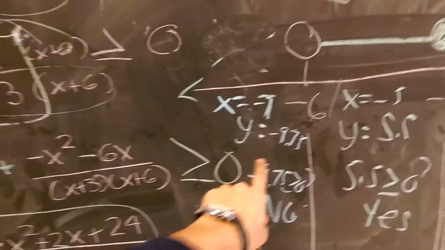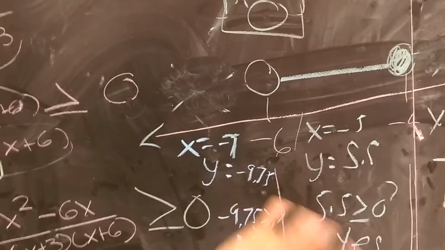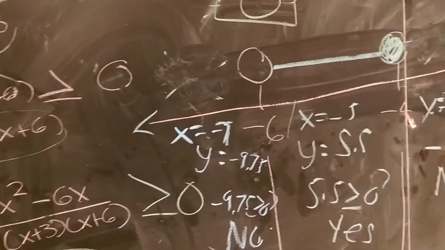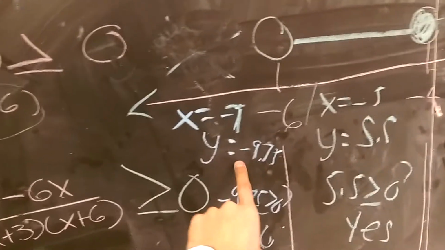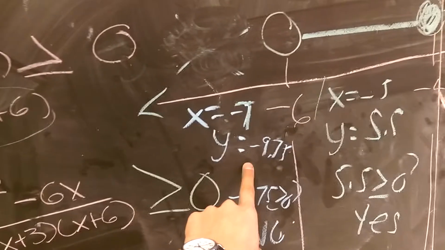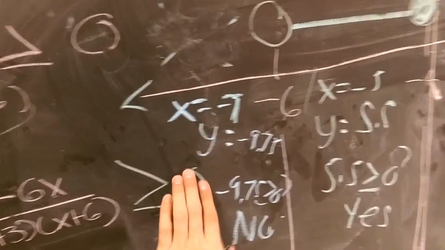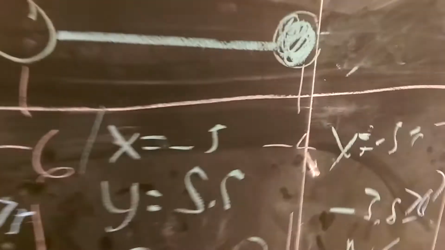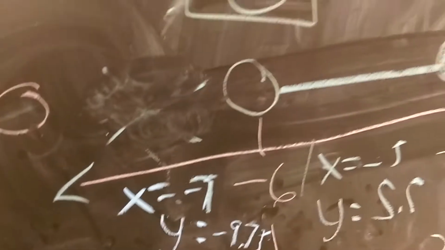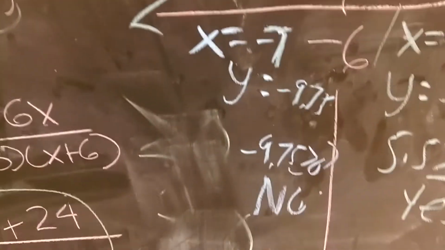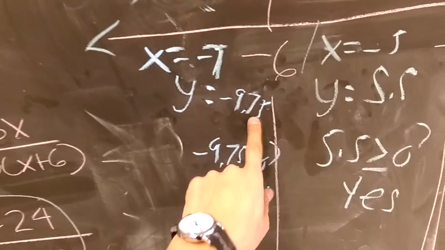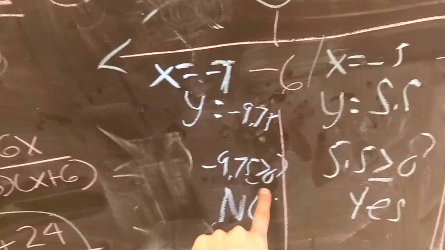In the table, it gave me -9.75. I didn't even have to calculate it. It's already there for me. All you have to do is take the y value and ask yourself, is -9.75 greater than or equal to 0?